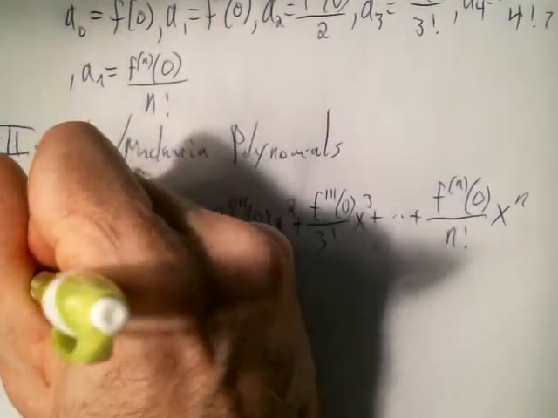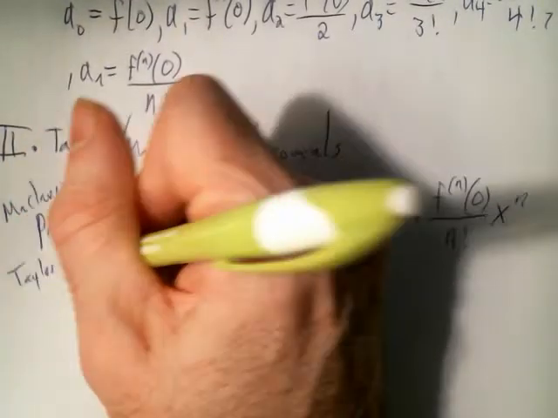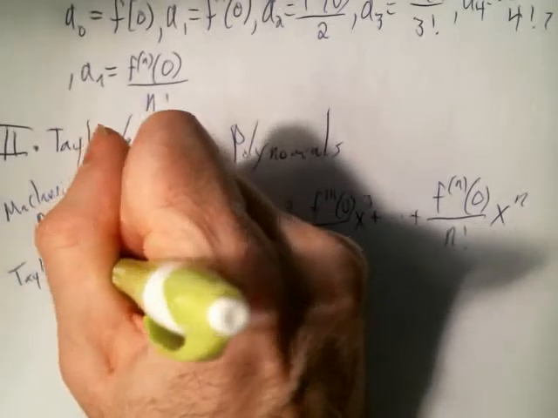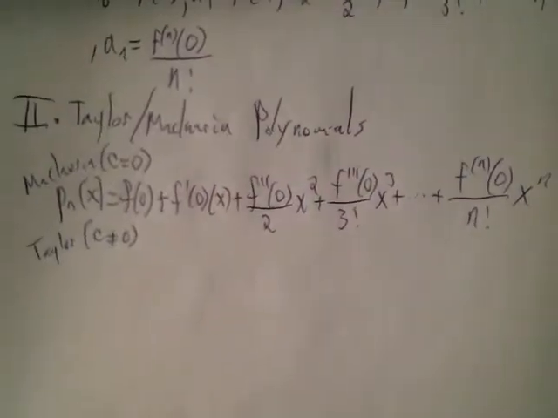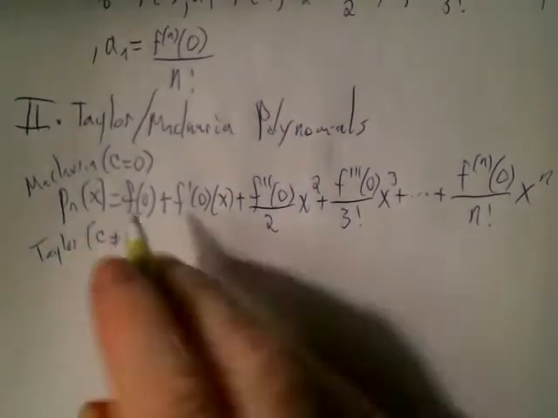And then for the Taylor, that's when c is not equal to 0, and it's basically just a shifted version of this original polynomial.